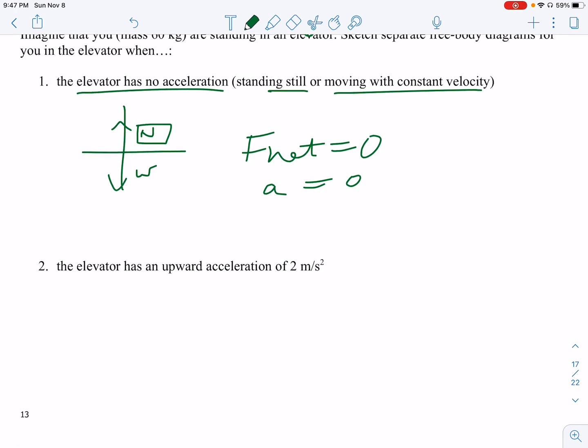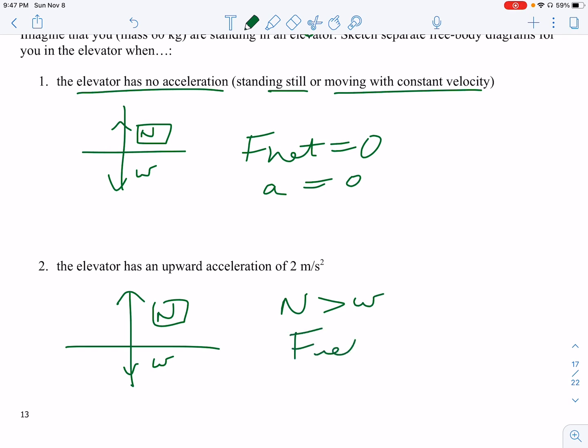What if the elevator has upward acceleration? Well, then the normal force has to be bigger than the weight. And F net would equal the bigger one, normal force minus weight. You should realize if the normal force is bigger, the scale is reading more than your actual weight.